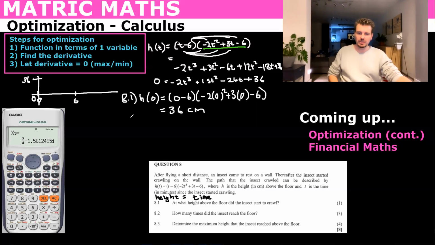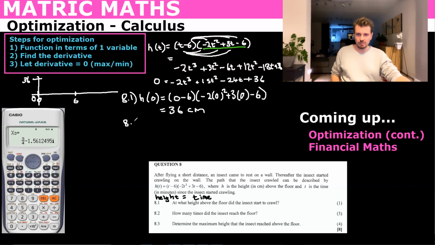Okay, now the second one says, how many times does the insect reach the floor? Well, it reaches the floor when the height is 0. So what I did here was I tested, and I saw that I only got one root. So it only factorizes, when you factorize, I only get one answer.